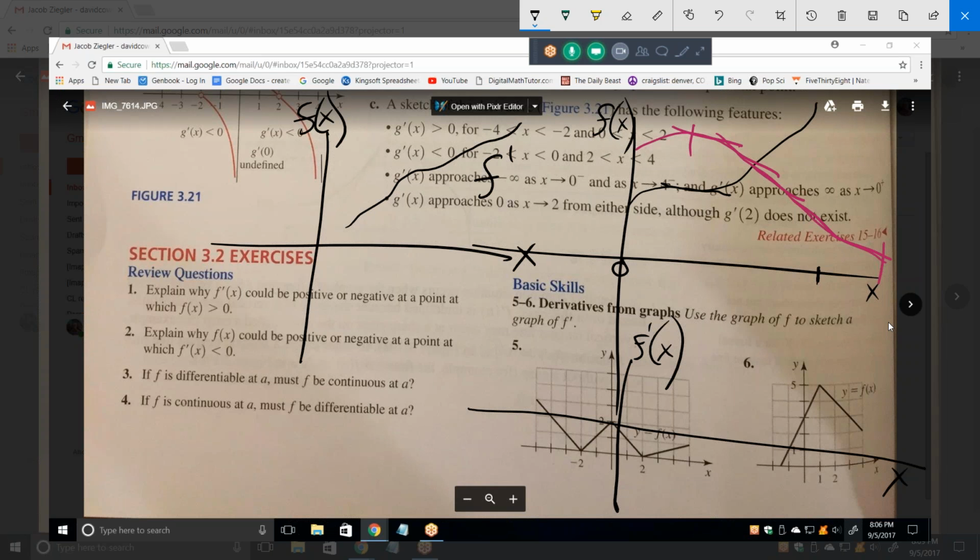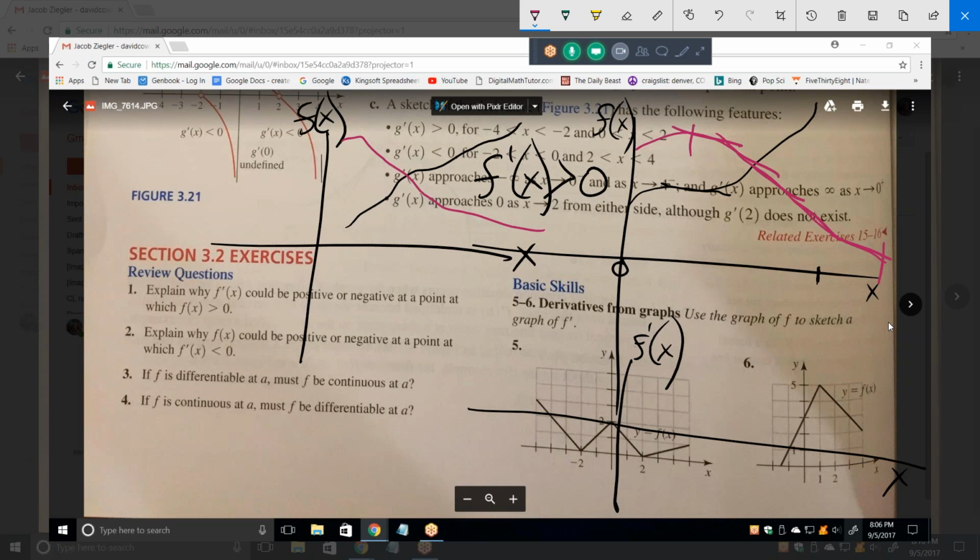Okay, so f prime of x is also positive everywhere. But if I have a function like this, what's f of x everywhere? Negative. No, f of x is in positive territory. It's above the x-axis.